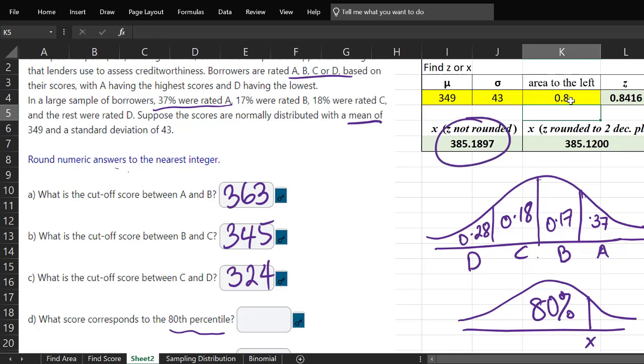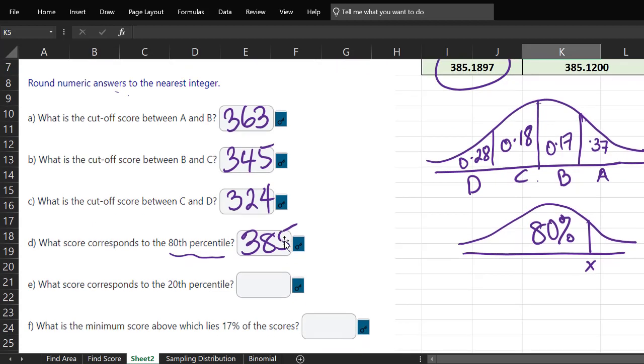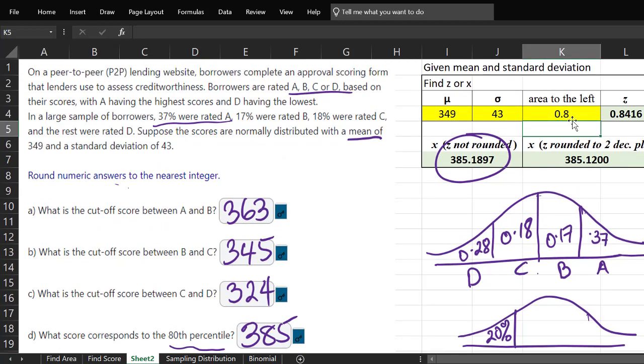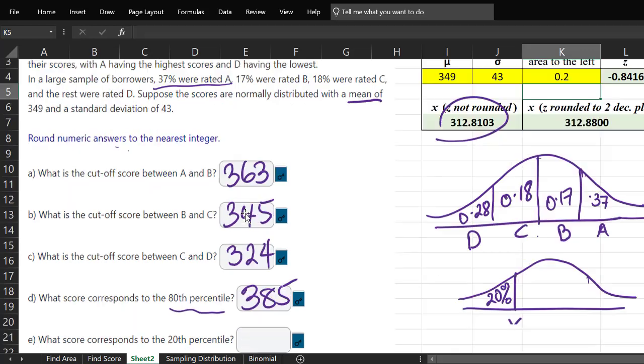That is about 385 as the answer to that one. Then in the next one, we want the score that corresponds to the 20th percentile. So that is 20% below. Again, if we go up here and plug in 0.2, that will give us the required answer. That's about 313.